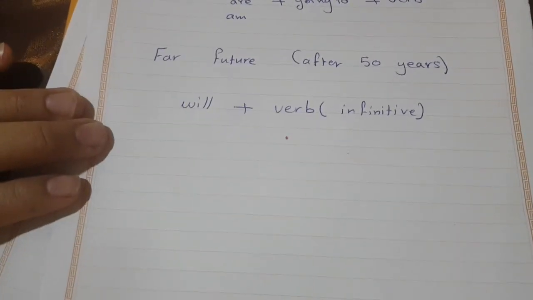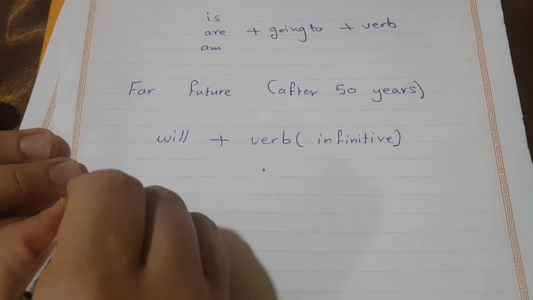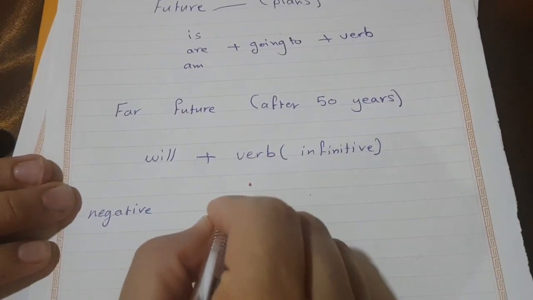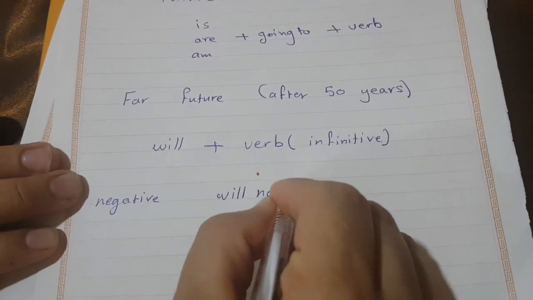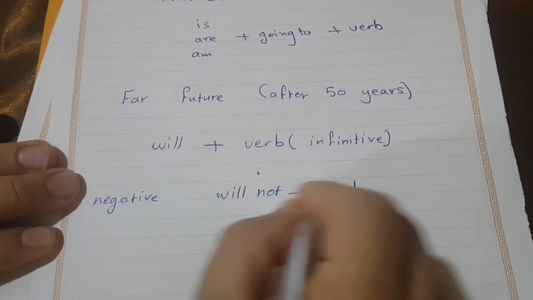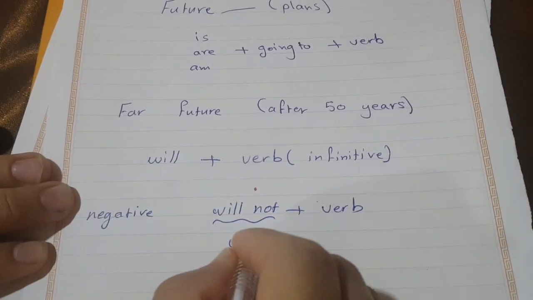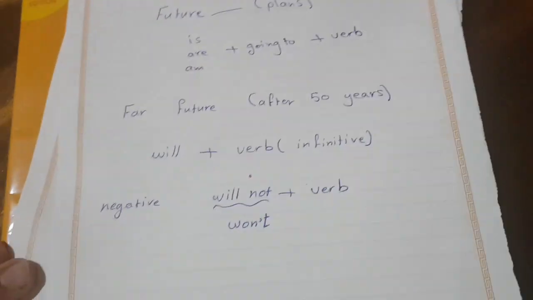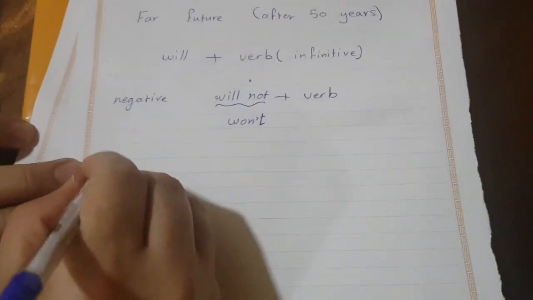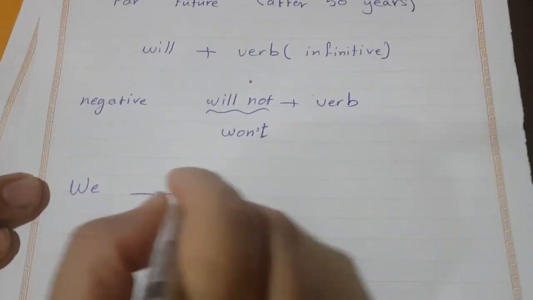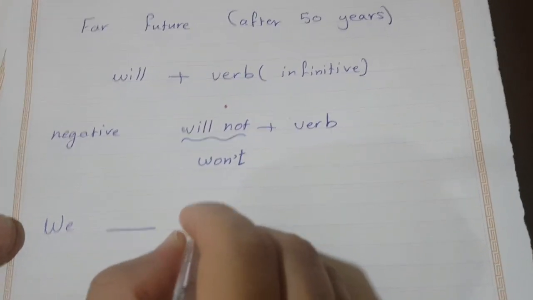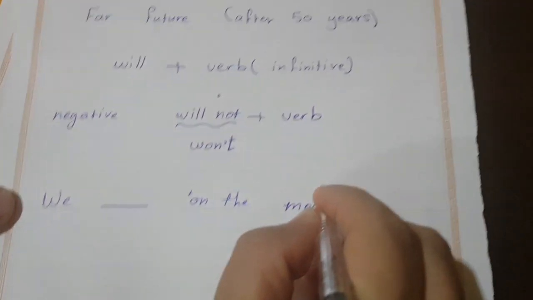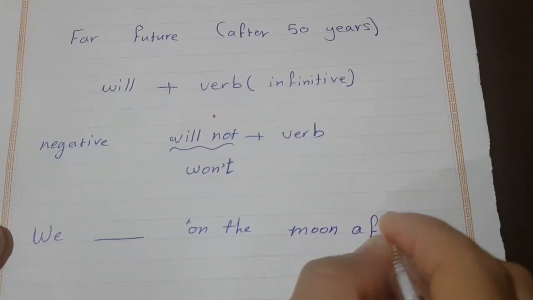But if you want to make the sentence negative, you will use will not plus verb. Will not means won't. The same. Now, I'm going to give you example. We live on the moon, after 50 years.